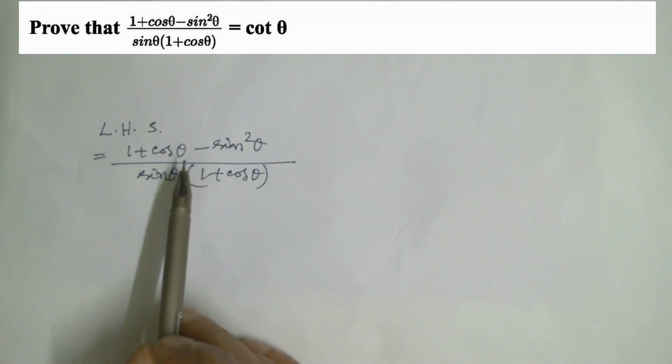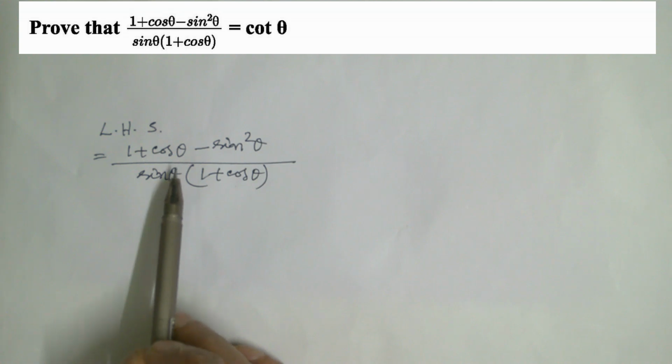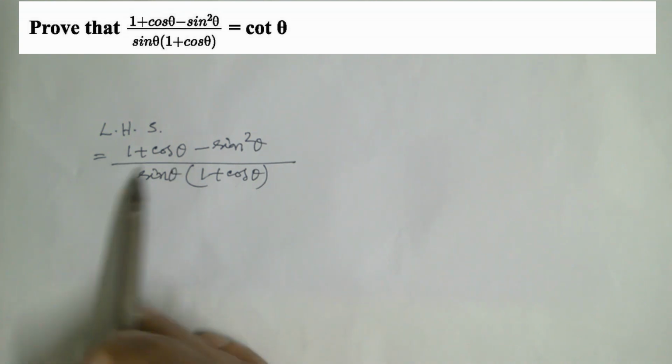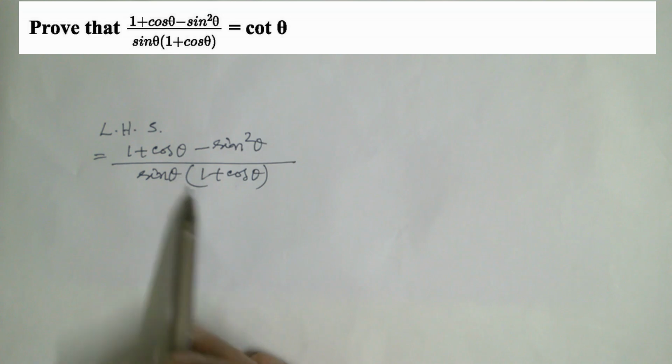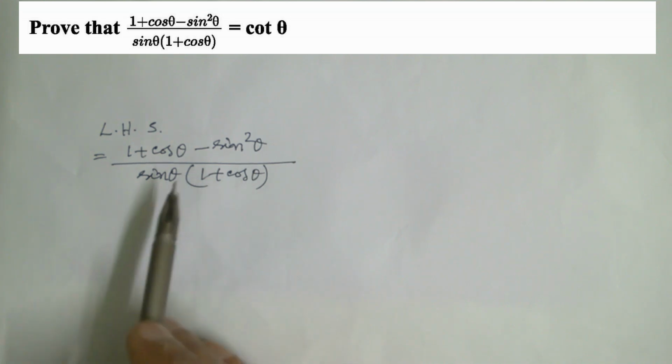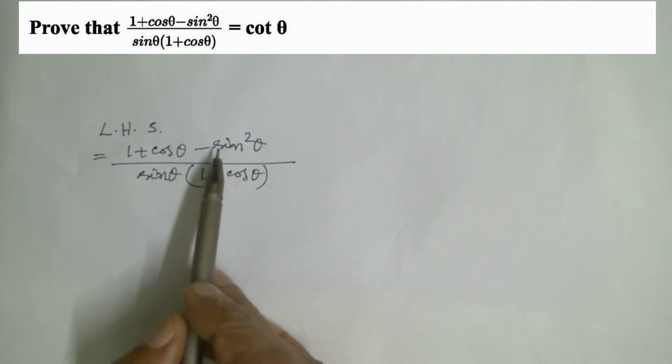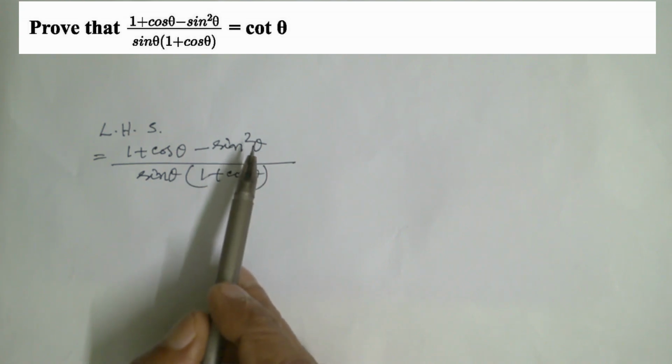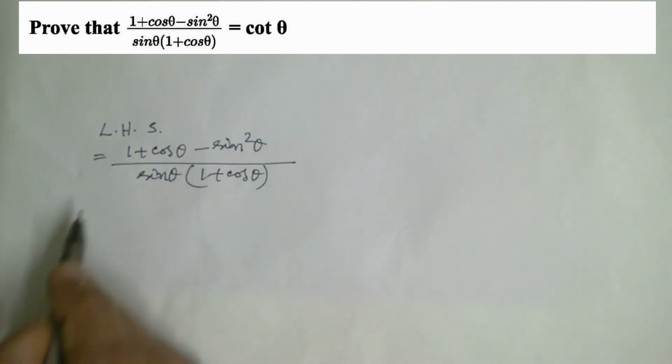So first factorize the numerator, because there are two factors in the denominator. To factorize this, see 1 plus cos theta in the numerator, also 1 plus cos theta in the denominator. But also sin square theta can be written in terms of cos square theta.